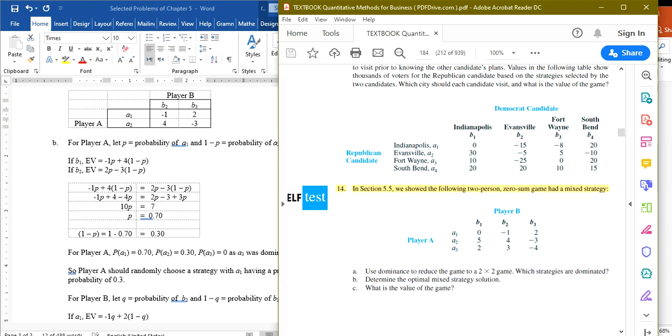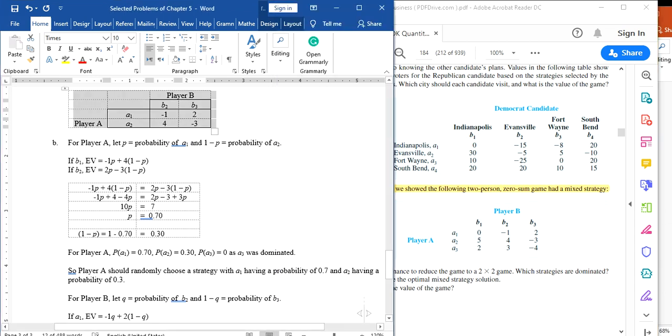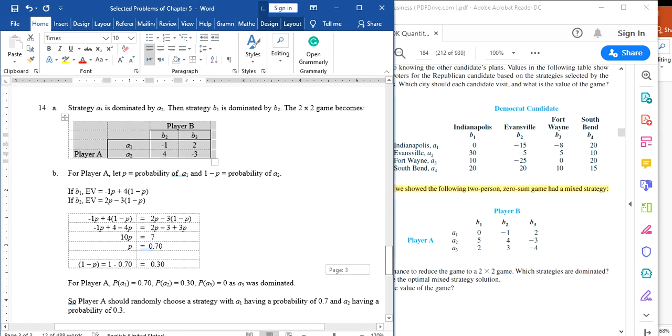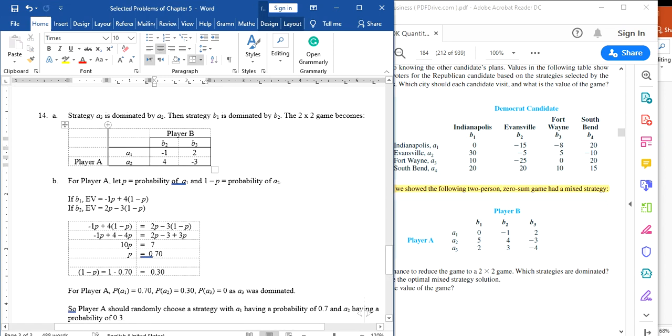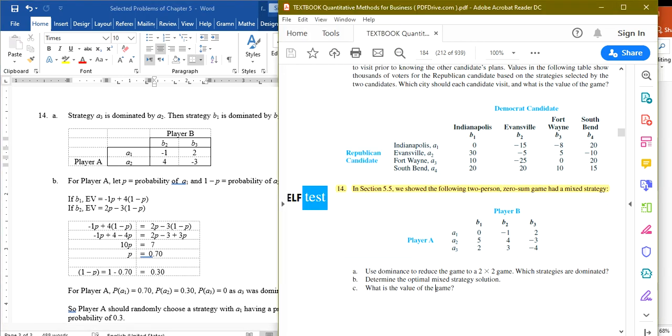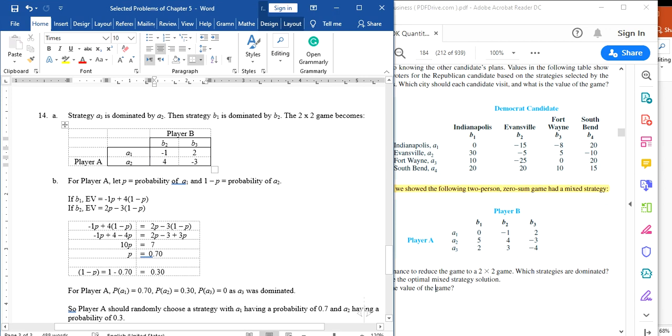Actually, the dominance of the strategies of the B player is wrongly stated over here. But assume that you remain with this table, a 2x2 game. Just assume this one is correct and follow the steps. I just checked the answers and the steps are over here.